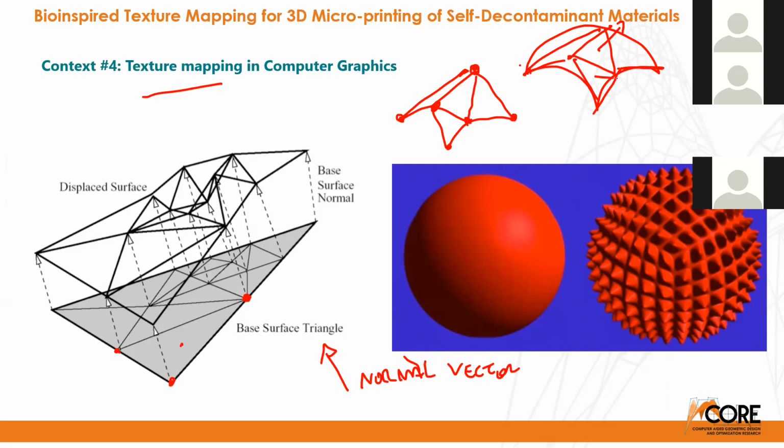Each triangle, each plane of the triangle, has its own normal vector. But then, since you want to model the smoothness of the surface, you want to give back a little bit of the smoothness. So we associate the normal vector to each vertex instead of the face.